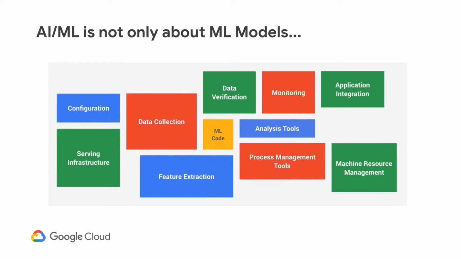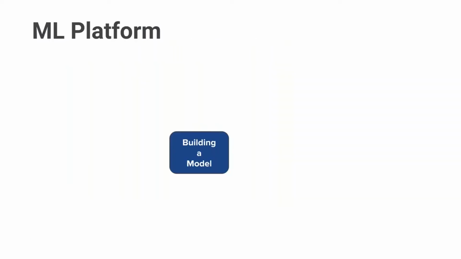Now let's quickly look at these blocks in a sequence to understand the process of ML model building. You start with thinking that you're going to be building a model. When you start doing actual work, you realize there is a lot of other stuff you have to do before you even get your hands on TensorFlow or something to train your model. You start with data.